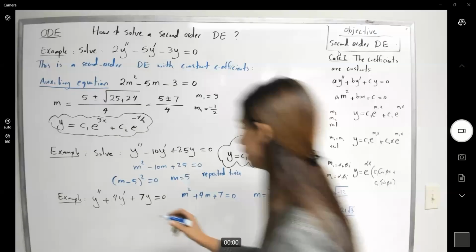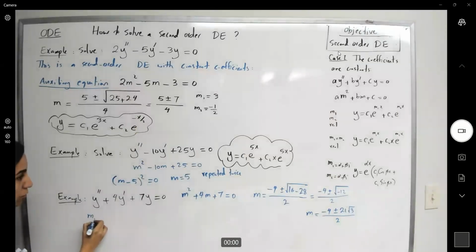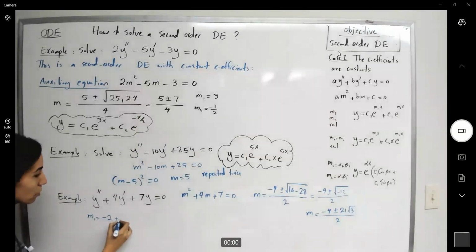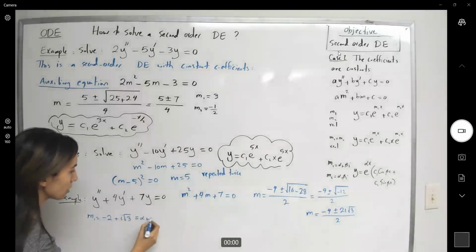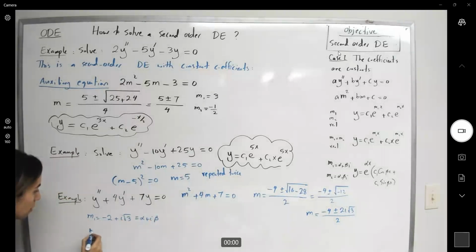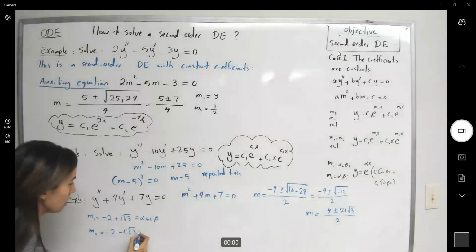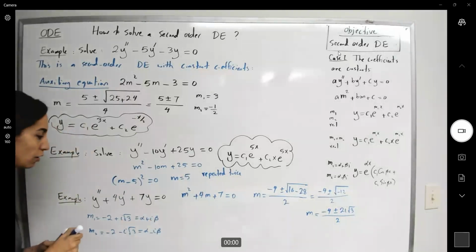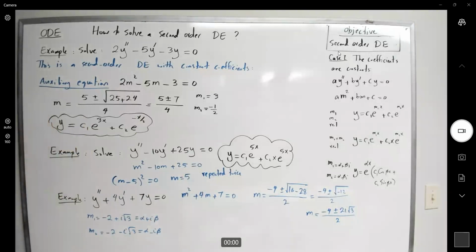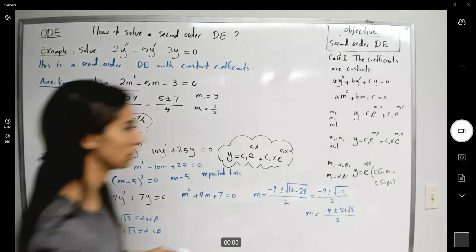So m1 is equal to negative 2 plus i square root of 3, alpha plus i beta, and m2 becomes negative 2 minus i square root of 3, or alpha minus i beta. Here you have the conjugate of these two complex numbers. So this is our last case.